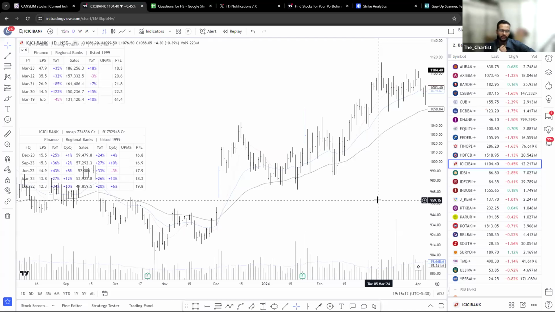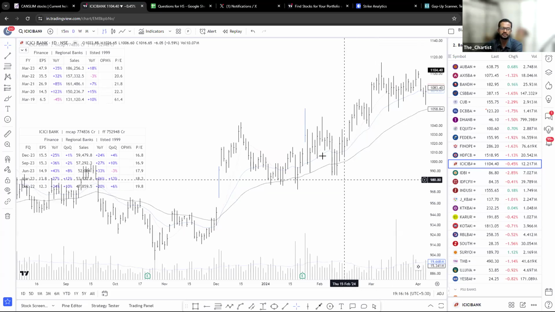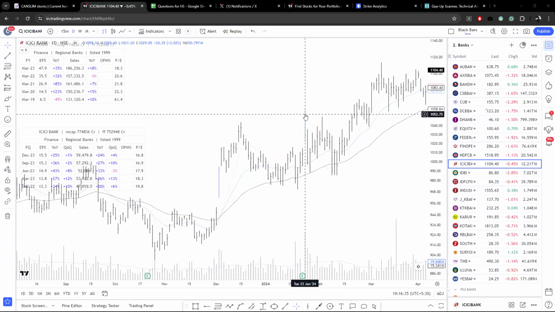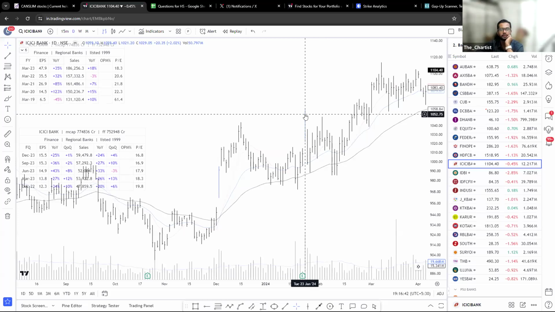If you have fundamentals backing, then the stock moves up 5x, 7x also in a bull market. If your purpose is just swing trading, you can skip fundamentals. But if your purpose is to catch a multi-bagger, you should check for EPS growth also, profit after tax growth, EPS growth.